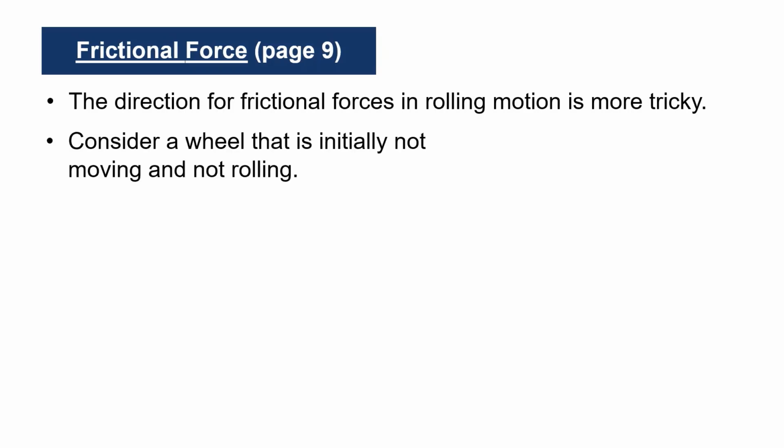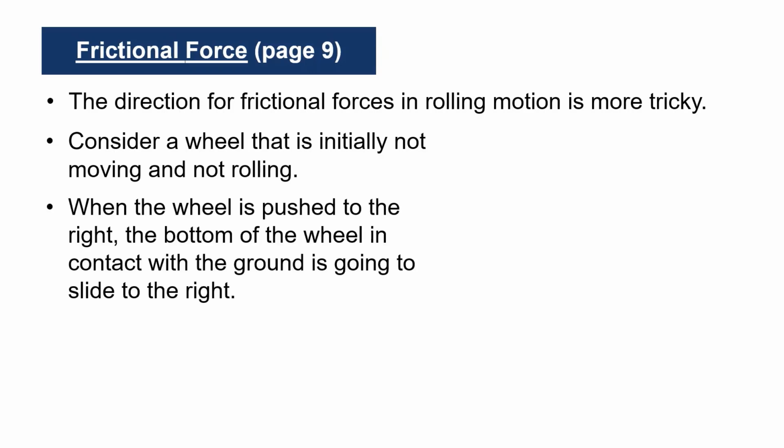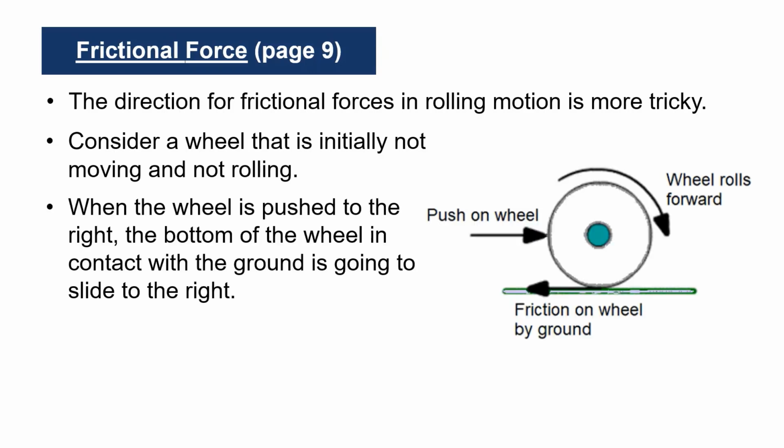Now, let's consider this case where you have a wheel that is not moving, it's not rolling. So it is a stationary wheel. And what we're going to do, we're going to push this wheel from the right. Now we apply a force at the center of the wheel because we want it to move.